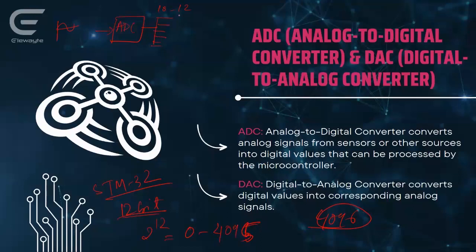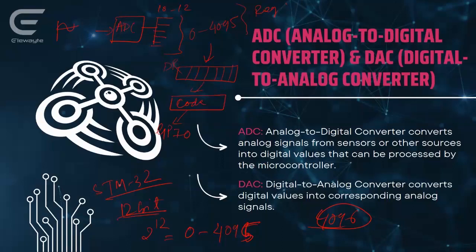So it is changed to digital data between 0 and 4095. We have to read the data from the ADC, and for that we have a data register which stores the ADC value. Based on that, we can program it to work on some GPIO.